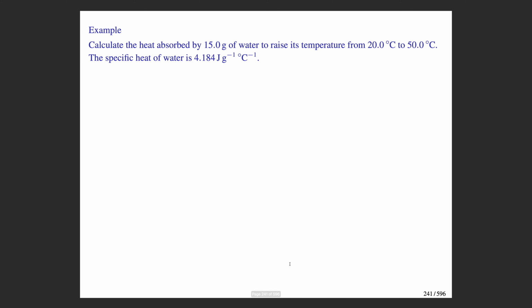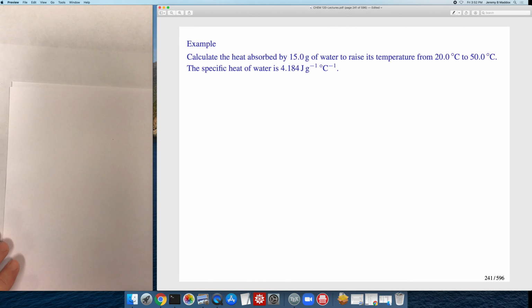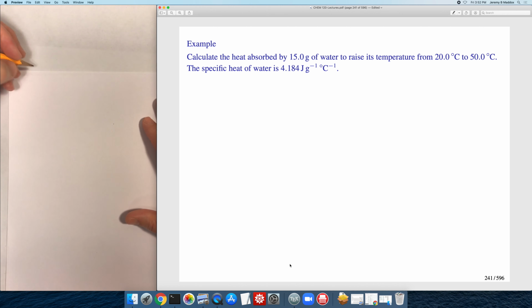And let's see how it works out. So in this problem, we are being asked to calculate the heat that is absorbed when 15 grams of water is raised from 20 degrees Celsius to 50 degrees Celsius. And then we're given the specific heat of water, 4.184 joules per gram per degree Celsius. And so let me show you how this equation works.